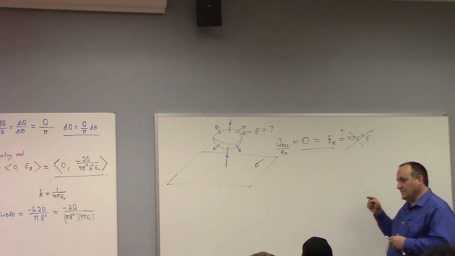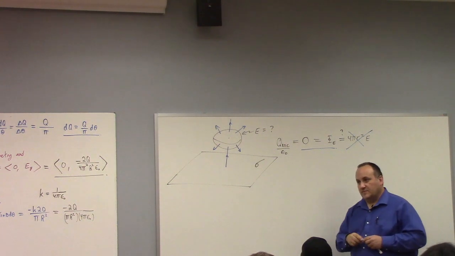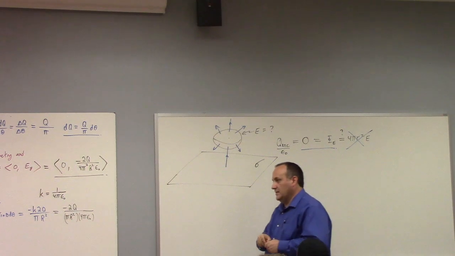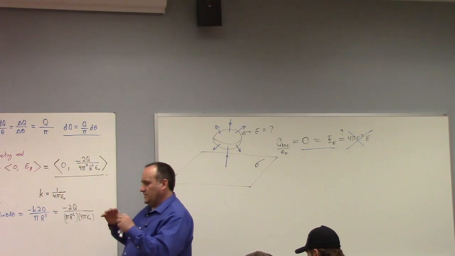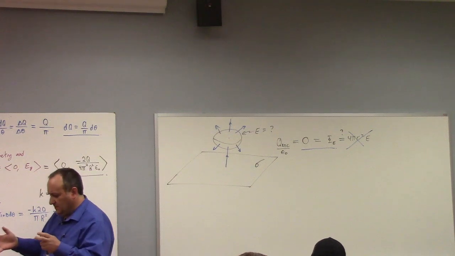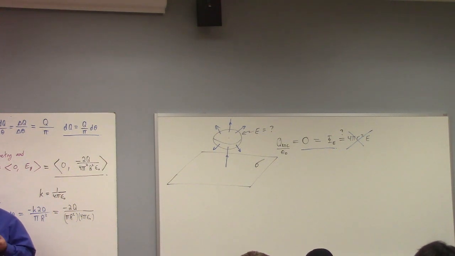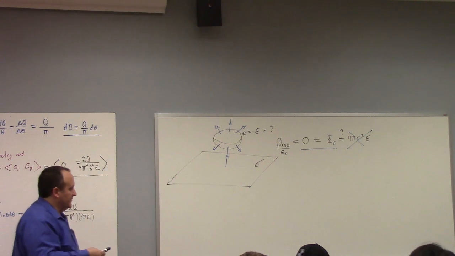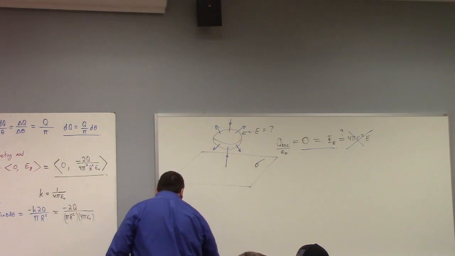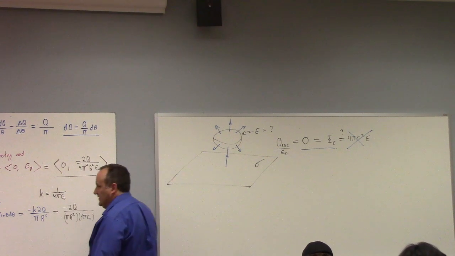Whatever electric fields come in one side have to go out the other. If it's a conducting object, then there's some other funny stuff that goes on in terms of induced charge on the surface. We've talked a little bit about that already, but the net result is that the electric field goes in one side and goes out the other. But anyway, I think that's all I got for today.